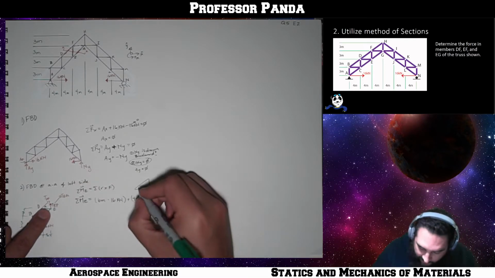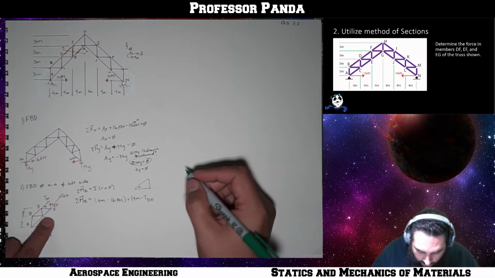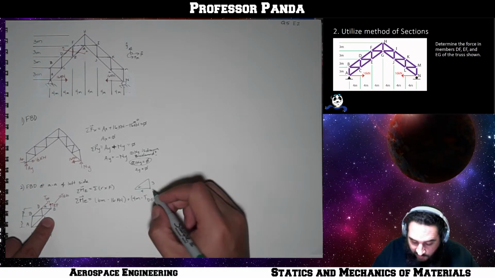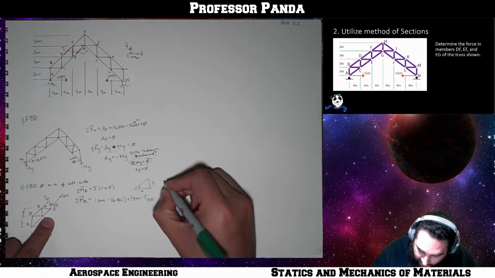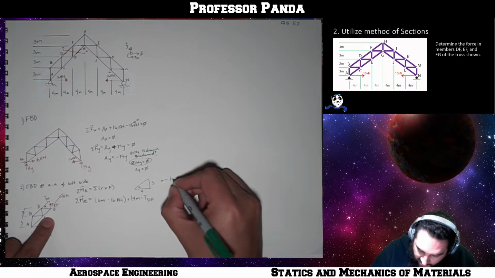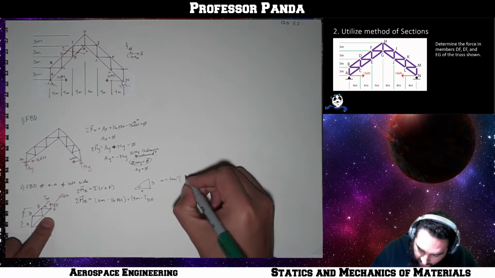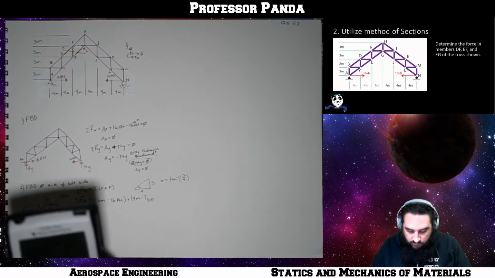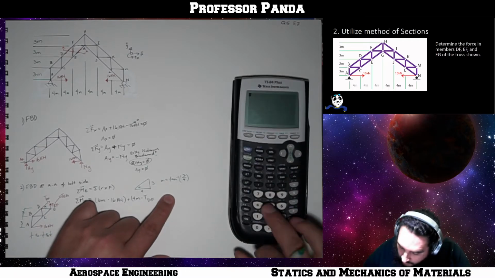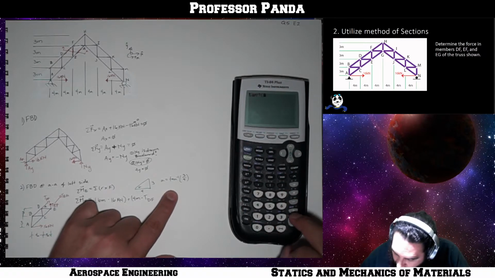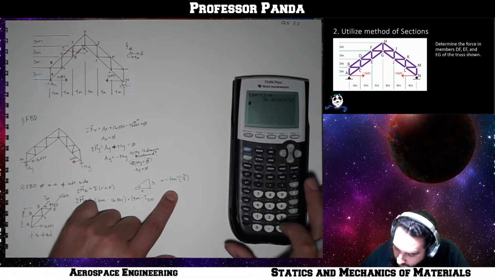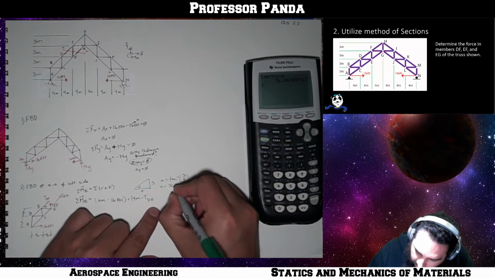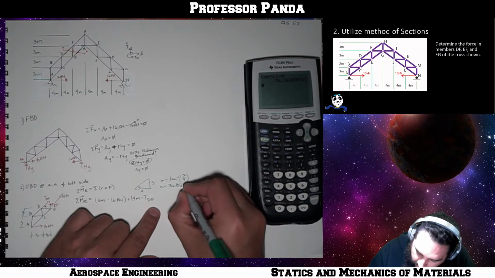We're going to call that alpha. So this will be alpha. This will be 3 meters. That'll be 4 meters. So to solve for that, we say that alpha is equal to tan inverse of 3 over 4. So tan inverse of 3 divided by 4, 36.86 degrees.